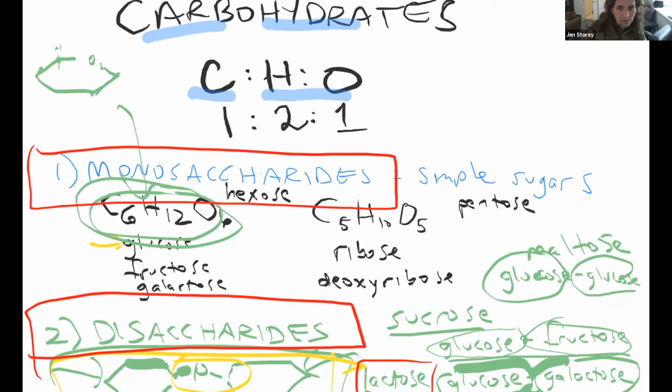So the last class of carbohydrates is when you have lots of simple sugars connected up in big long chains, and that would be a polysaccharide. So this is still carbohydrates.